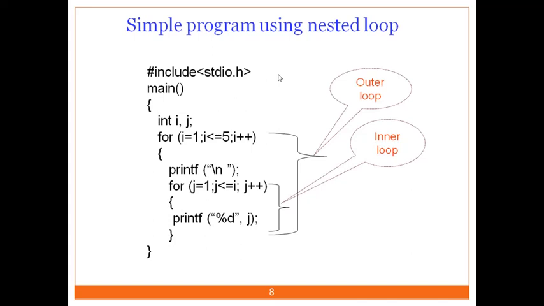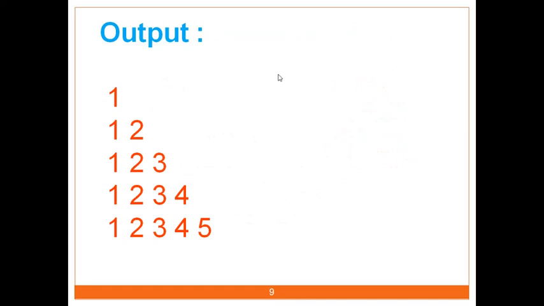Now we will execute the same program on the compiler and we will check the output. The expected output is this one: 1, 1 2, 1 2 3, like a number triangle.